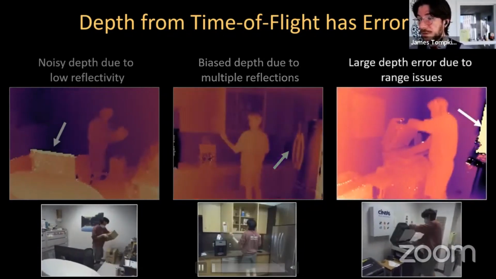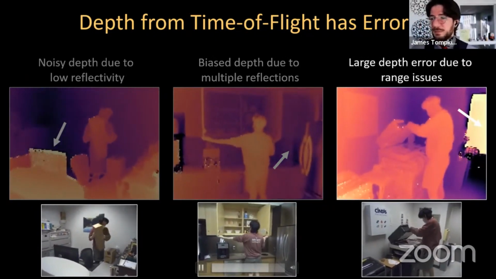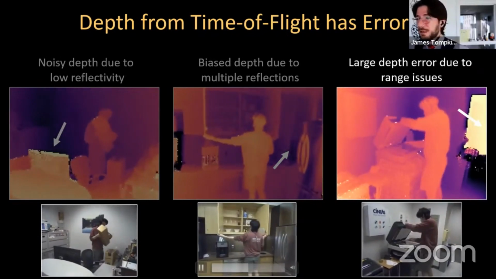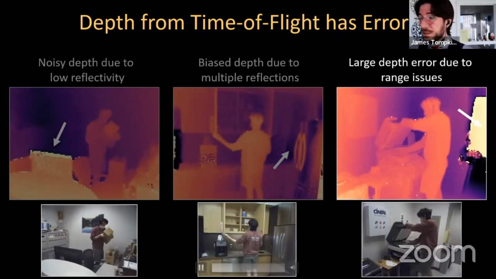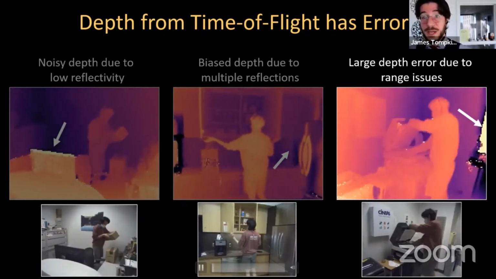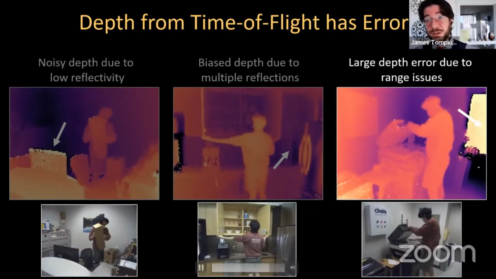Okay, and then the third kind of error that we see are these range errors. A time of flight sensor has range ambiguity due to the way that it senses with this active illumination. And this leads the depth from the sensor to look like it's very, very far away, even though we can see from the RGB image that it's actually not very far away.